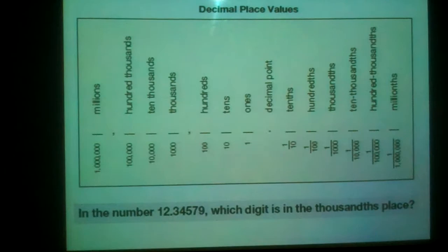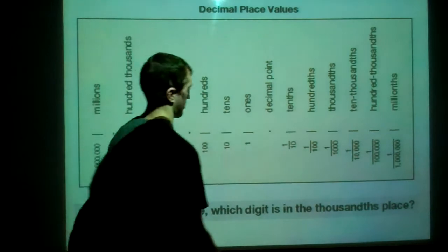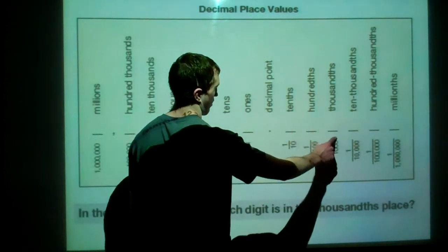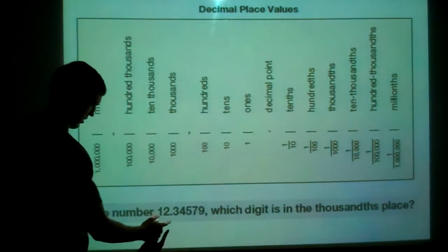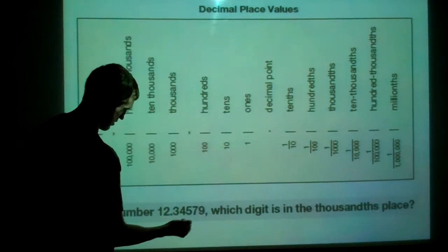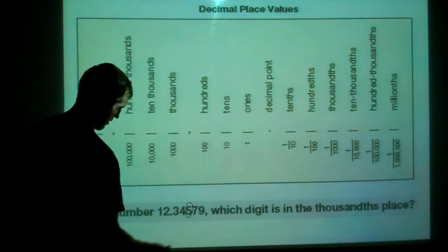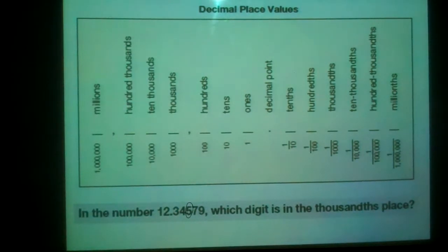So let's look at this one real quick. In the number 12.34579, which digit is in the thousandths place? Well, the thousandths is 1, 2, 3, 3 spots beyond our decimal. 5 would be in our thousandths place right there.